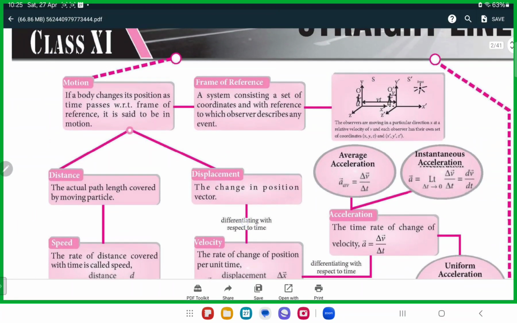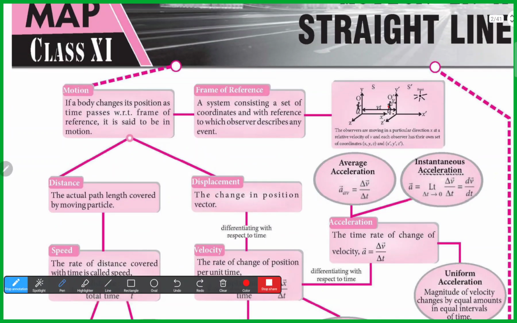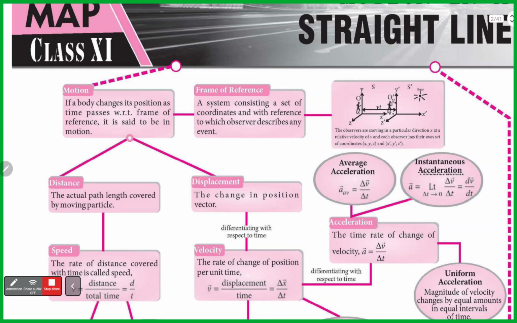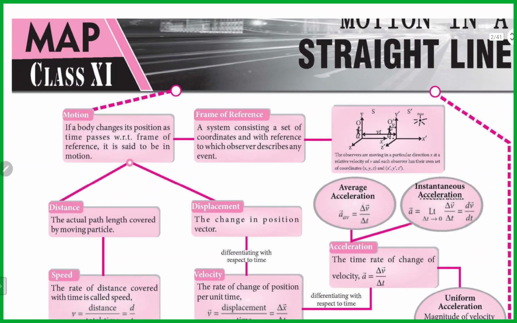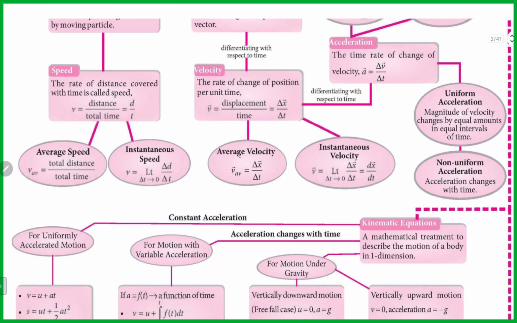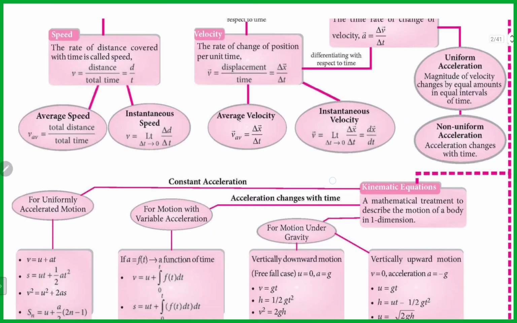Let's quickly see: motion, reference frame, distance, displacement, speed, velocity, or we can say average speed, instantaneous speed, average velocity, instantaneous velocity, and here average acceleration, instantaneous acceleration, uniform acceleration, non-uniform acceleration.